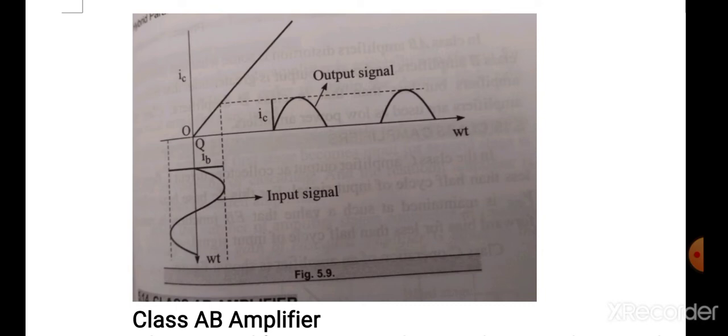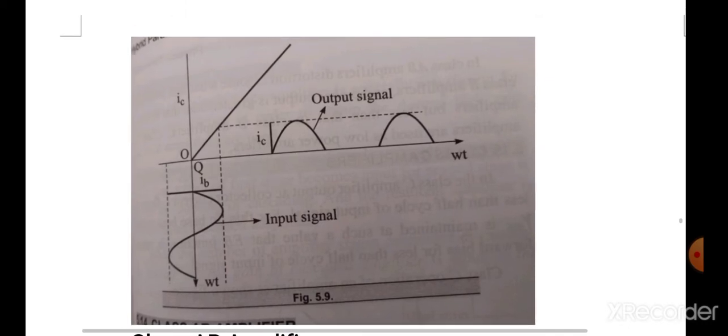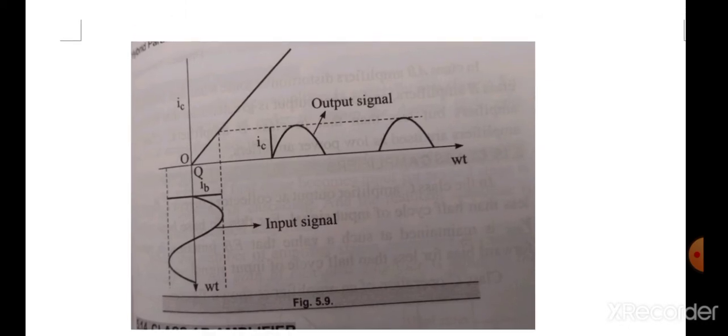That is, in this case the voltage between the base and emitter is approximately equal to the cutoff value of the IC current. It means that the Class B amplifier operates only when the input signal voltage is above the cutoff value of IC.